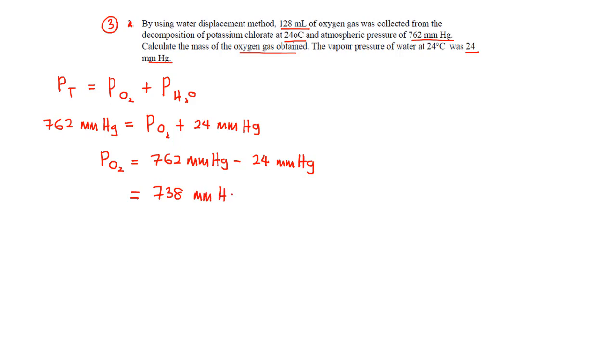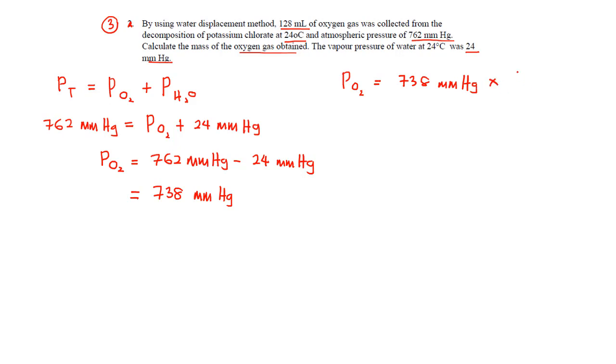millimeter mercury. So before we solve the equation to find the mass, apa kita kena buat? Kita kena convert dulu pressure in millimeter mercury ni kepada ATM lah. So again, how to convert?